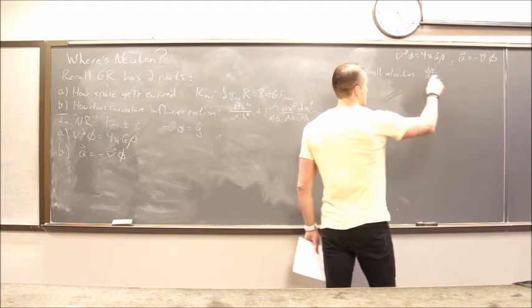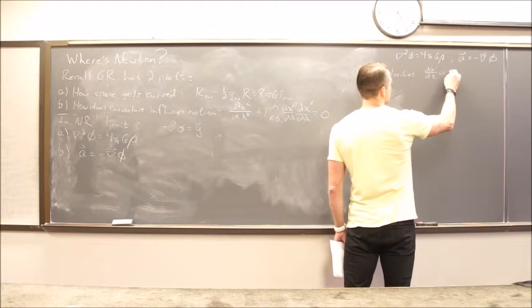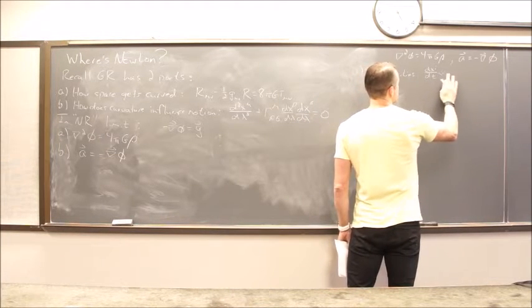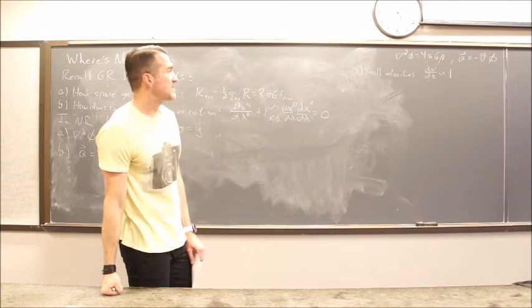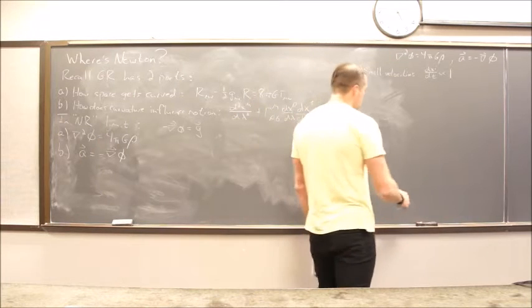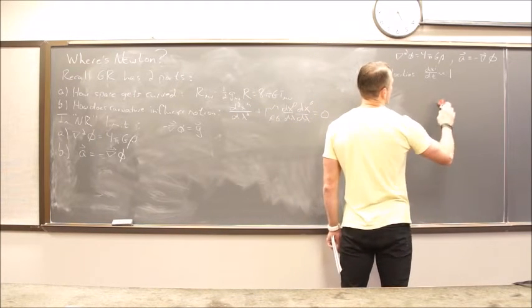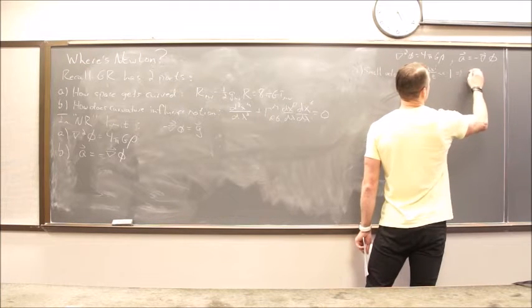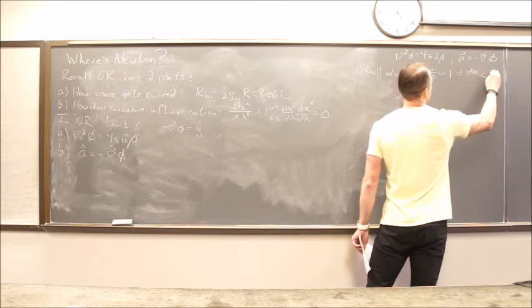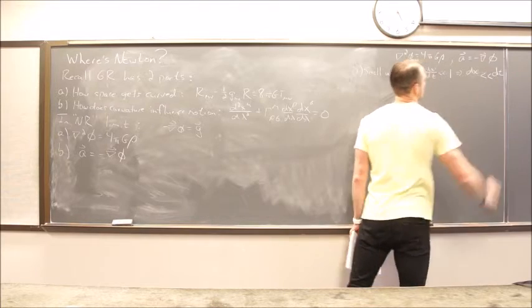We know that the spatial velocities have to be much, much less than c, but c is in this class now 1. So dx^i/dt has to be much, much less than 1. But I can actually take this statement and turn it around and say that means dx^i is much, much less than dt.